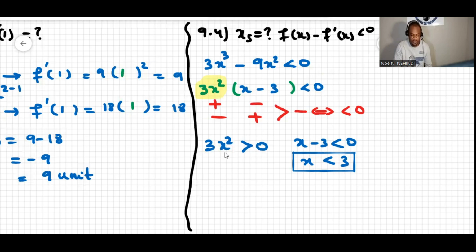The only condition is that x cannot be 0, because if x is 0, you sub 0 there and it gives 0, which must be less than 0, and that is untrue. So it's going to be x lesser than 3, but x is different from 0.